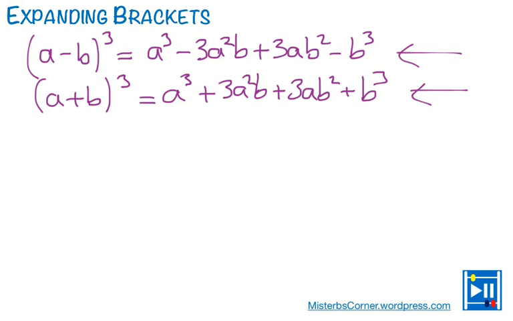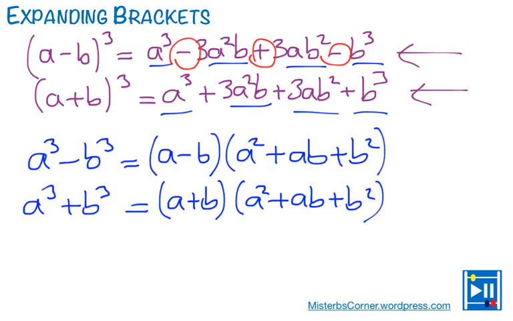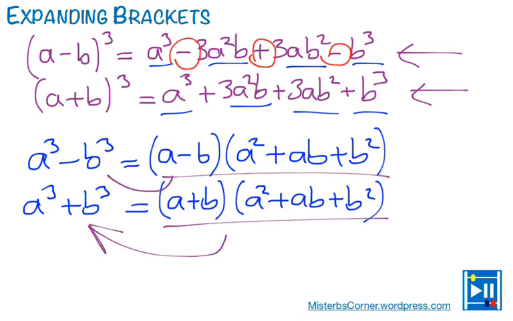You can notice that the terms are all the same, whereas the signs alternate in the minus. It starts with a minus and it alternates, so it's going to be minus, plus, minus, and so on. And also we have difference of cubes and sum of cubes factored out like this. So if you expand these factors, you will end up with the difference of cubes and sum of cubes respectively. Again, I repeat, it's good to know, but it's not a must.